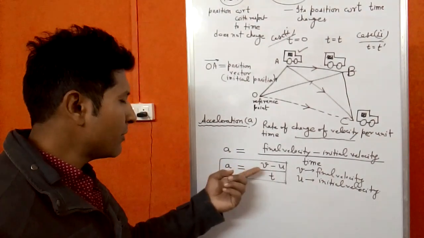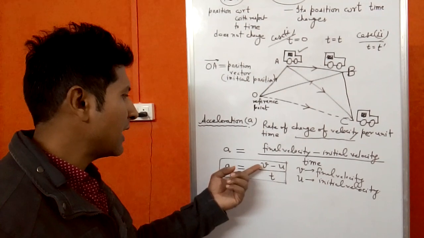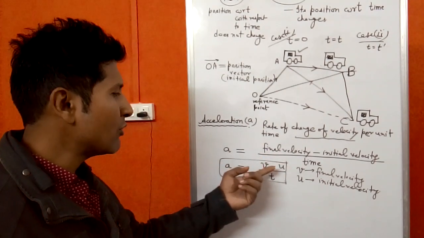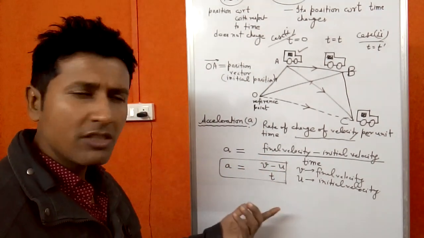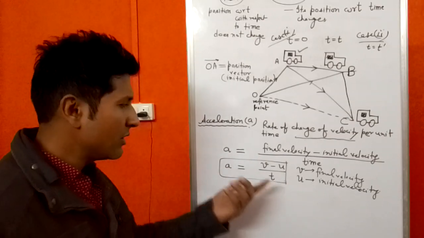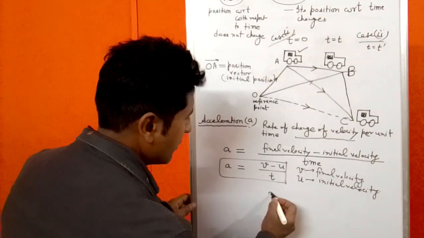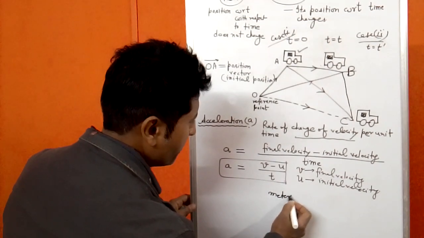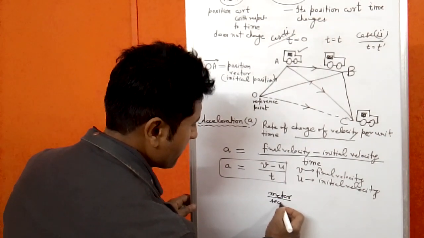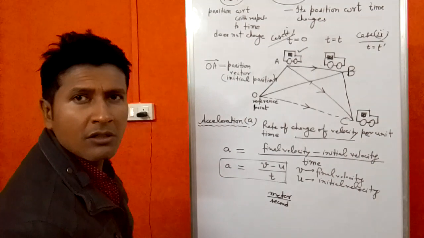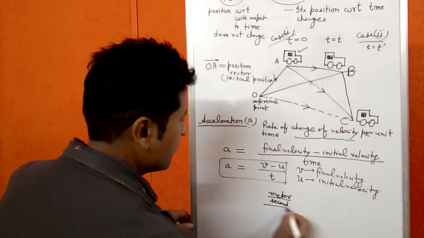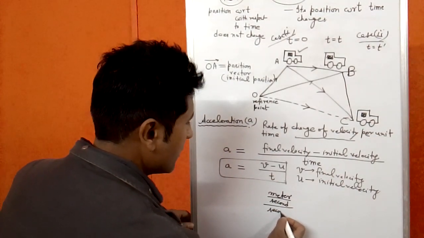In the numerator part, the change in velocity will of course be in terms of velocity. The unit of velocity is meter per second, right? Now again divided by time, which is second.